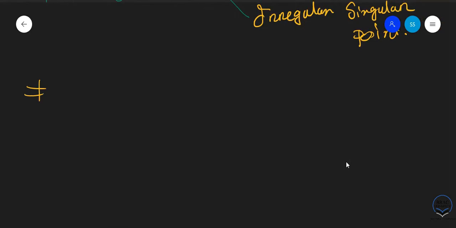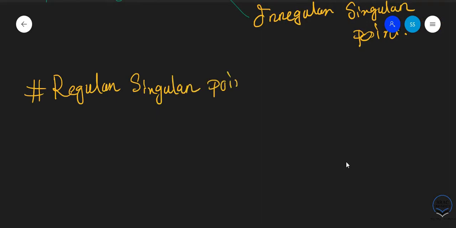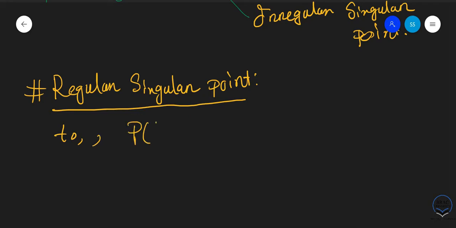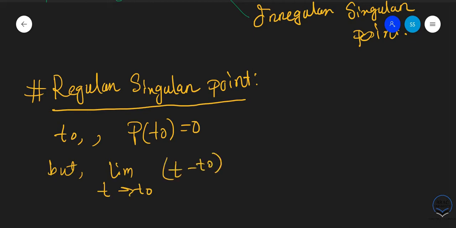So, regular singular point. Since we are dealing with differential equations where there is some ratio like q by p and r by p, the definition of a regular singular point is that if you have some point t0, and you are seeing that for this t0, p of t0 equals 0, but this limit when t goes to t0 for t minus t0 times the ratio q of t by p of t is less than infinity.